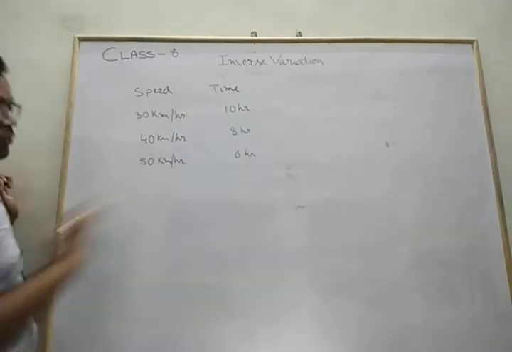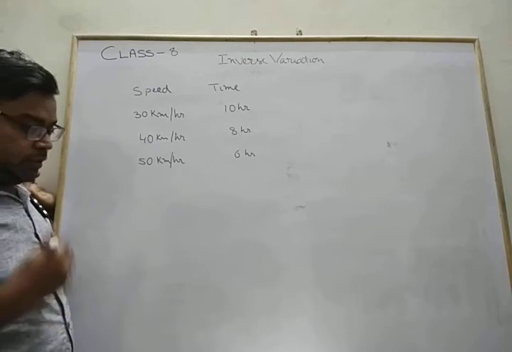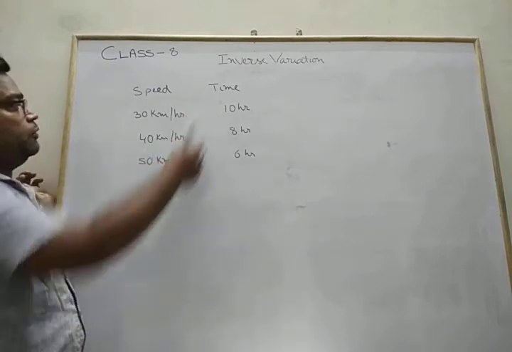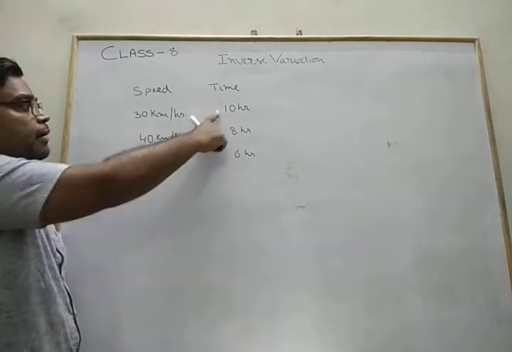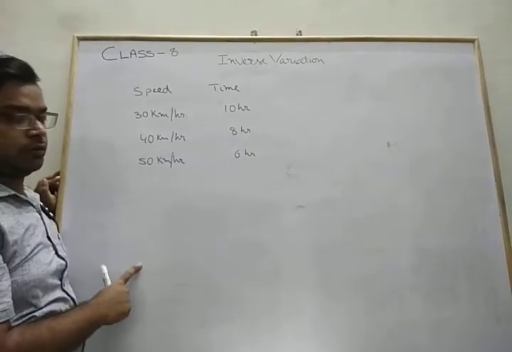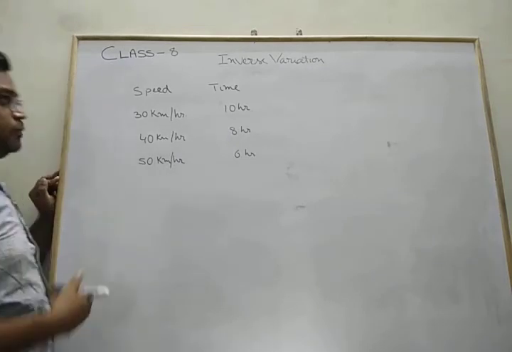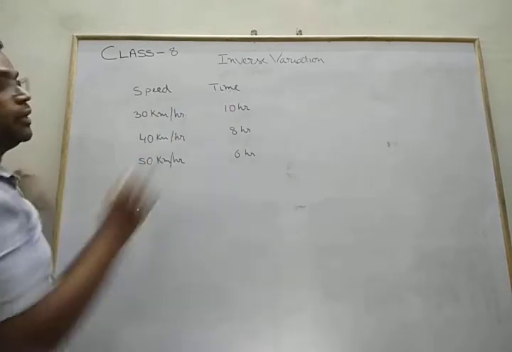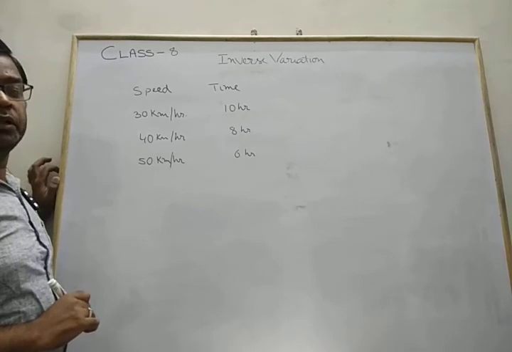Suppose all of this is a supposition and not the exact condition. From this we observe that the speed part is increasing and the time part is decreasing together. So in this case we can easily say that speed varies inversely with time.